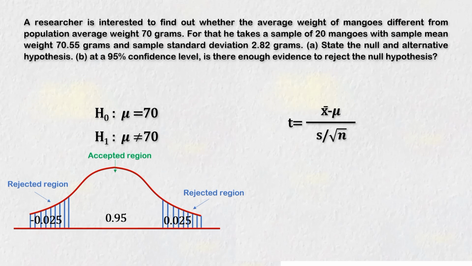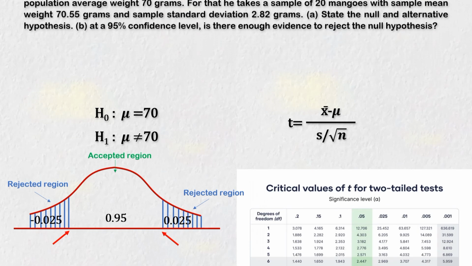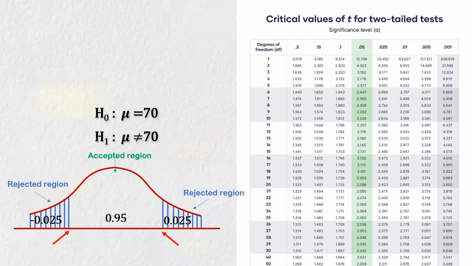Now we need to find these critical values from where critical region starts. In order to find it, we need to look at t-table for two-tailed test. To find value, we need to know degrees of freedom, which is n minus 1. That means 20 minus 1 equal to 19.